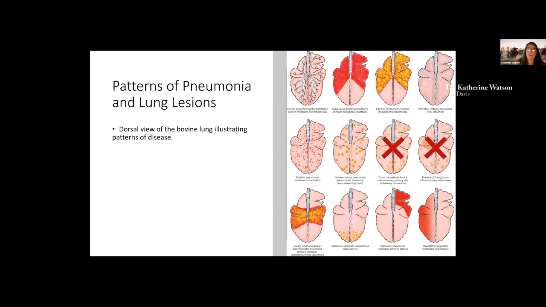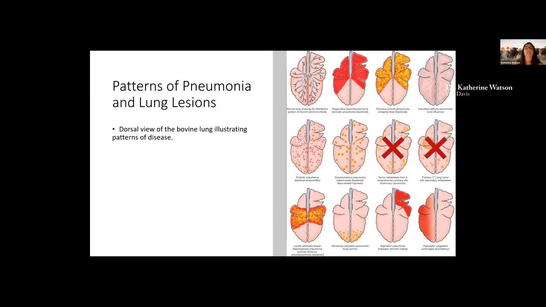When we have what we call bronchopneumonia, we have a distribution that tends to be cranial and ventral, as you'll see in a later picture. It's at the front of the lung based on how the animal is standing, and the bottom. That's because bacteria come down the trachea, and they are very large organisms, so they fall out into these first lobes because they can't make it all the way to the smaller airways in the back. So this tends to be more of a bacterial disease. Then you may have a fibrinous bronchopneumonia, or pleuropneumonia.